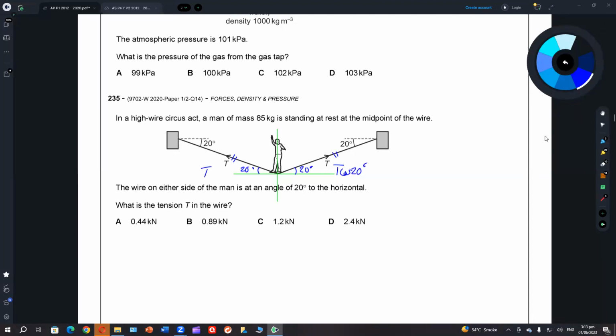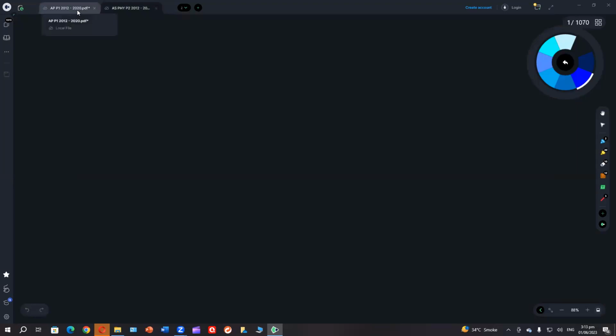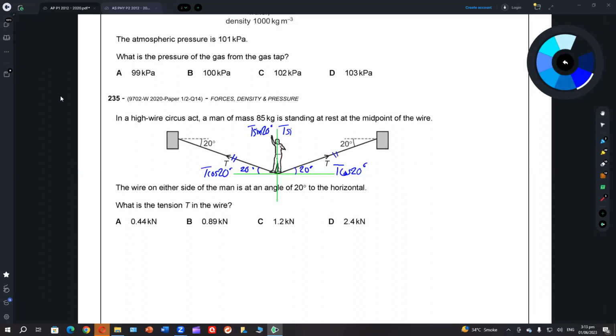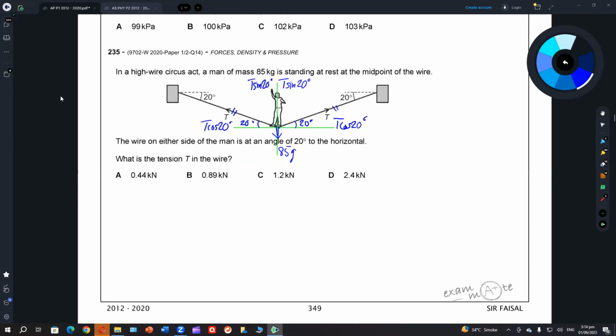I'm resolving it. So I resolved them, and it's a case of equilibrium.